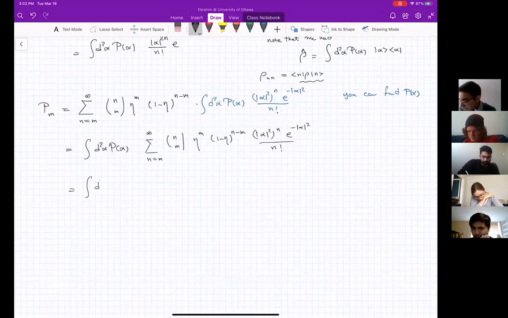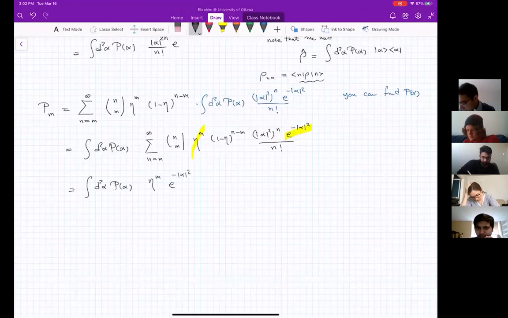Okay, integral of d2 alpha, P(alpha). This term and this term are independent of the summation, so you can take them out. It will be eta to the power of m and e to the power of minus |alpha|^2. The rest, what we have, and also I can expand the binomial coefficient, which essentially is n factorial divided by m factorial times (n minus m) factorial. So m factorial is also independent of the summation, so I can take it out.